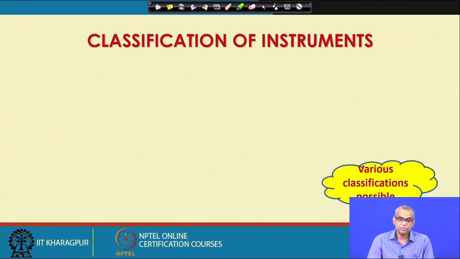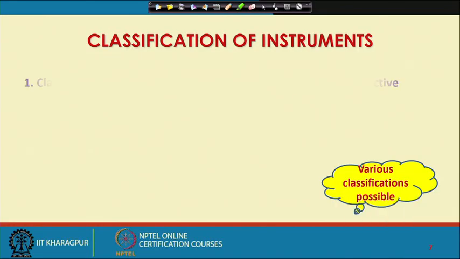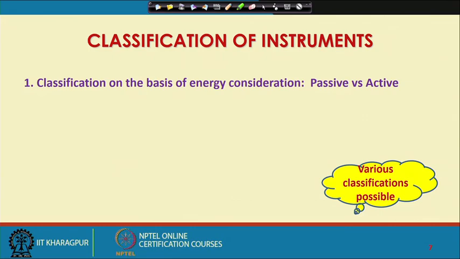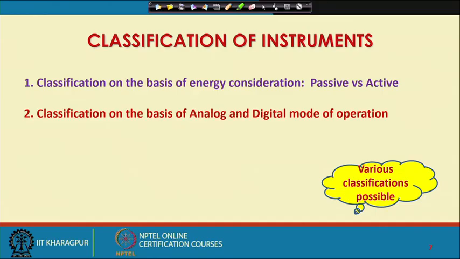So, let us look at how in other different ways we can classify various instruments. One possible classification is on the basis of energy consideration. We classify instruments as passive instruments or active instruments. Another classification may be on the basis of analog and digital mode of operation.